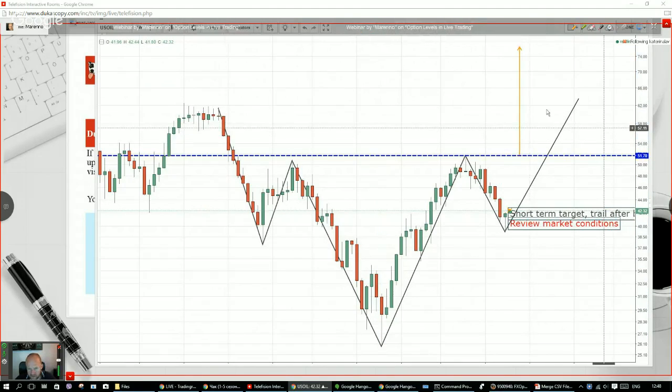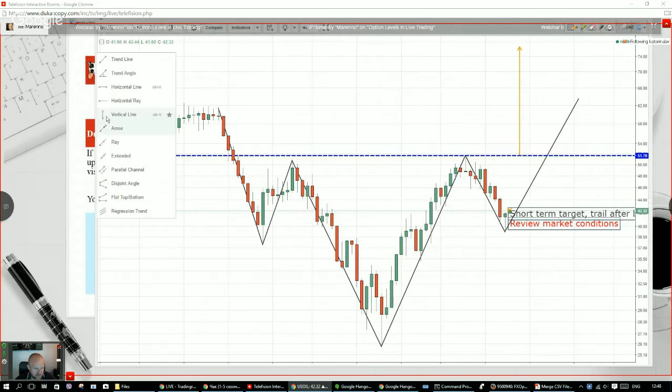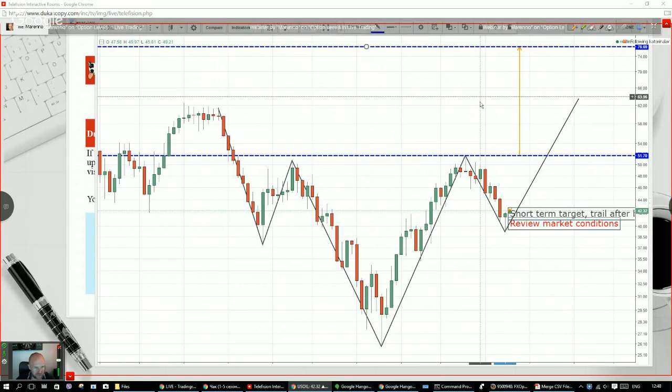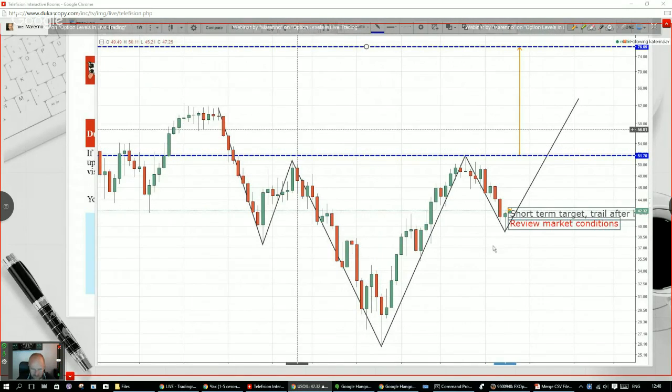So in case this level is triggered, then this is our pre-measured target for an up move, the first one. But again, it's very long term because it's a 1 week chart.